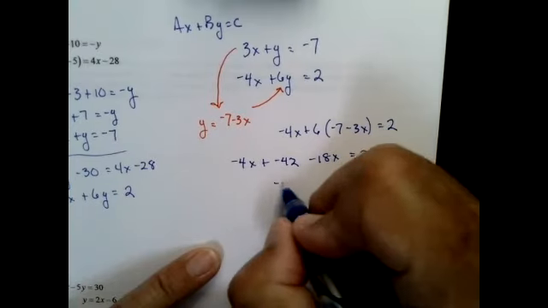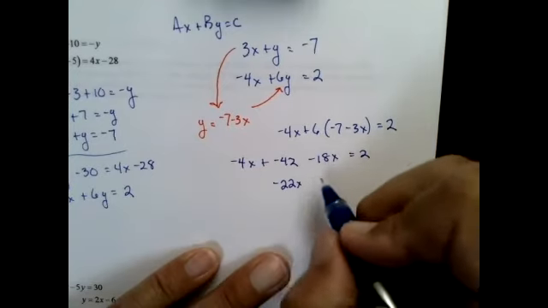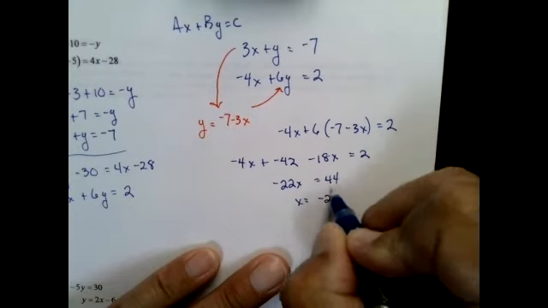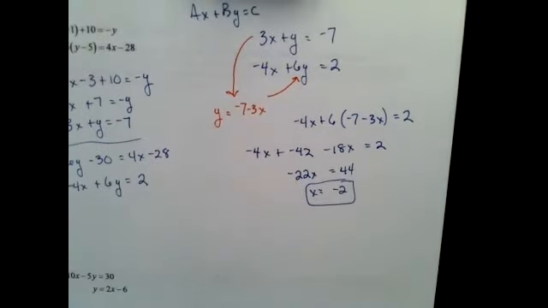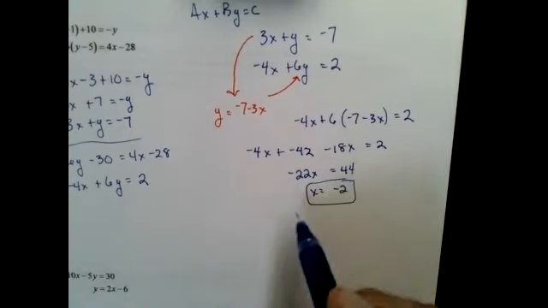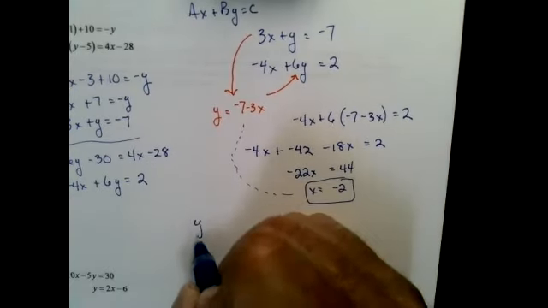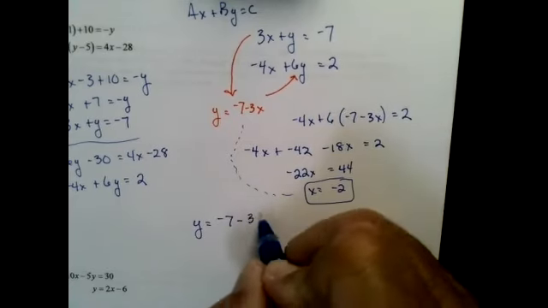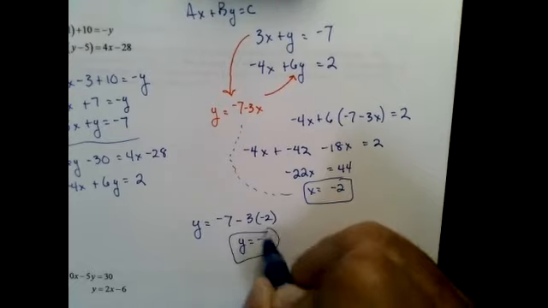Combine the x terms. I'm going to add 42. Yay. x equals negative 2. I know right where I'm going to plug that. I'm going to plug it right into there so that I can say y equals negative 7 minus 3 times negative 2. y equals negative 1.